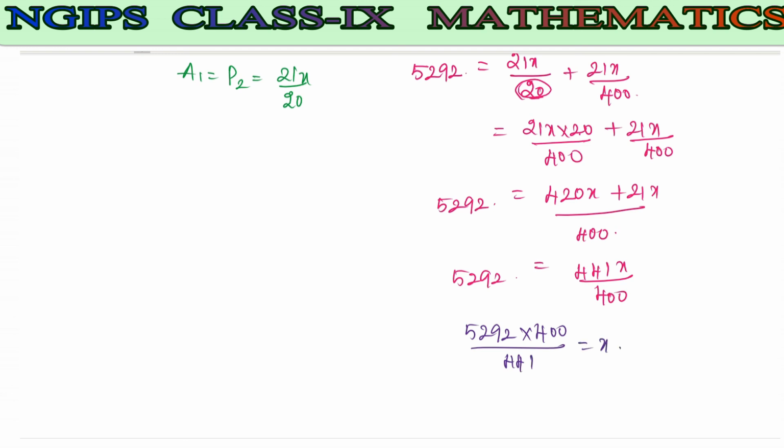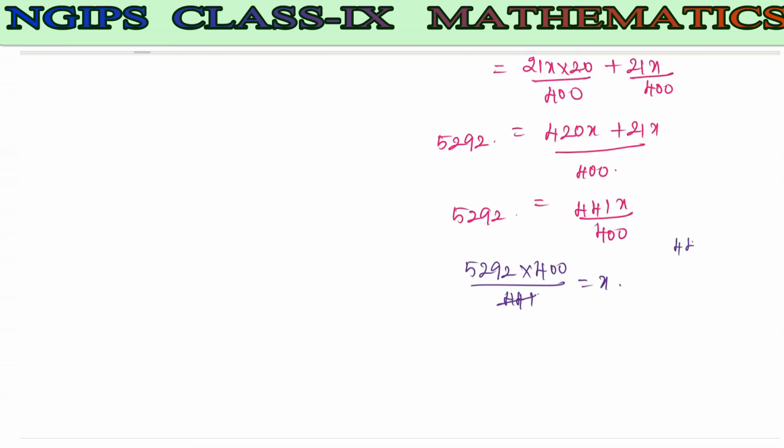Now further if you simplify this, what we'll get here? 441 into 12, when you take 12: 1 2 is 2, 4 2s are 8, 4 2s are 8, and so on, to reach 5292.